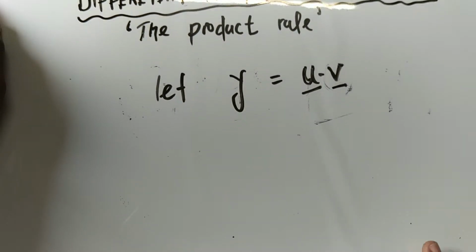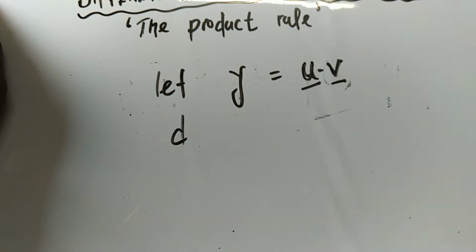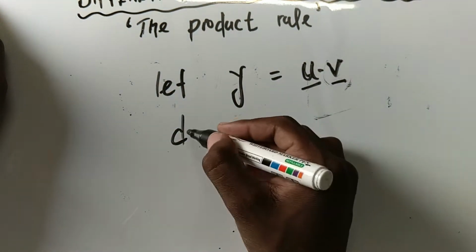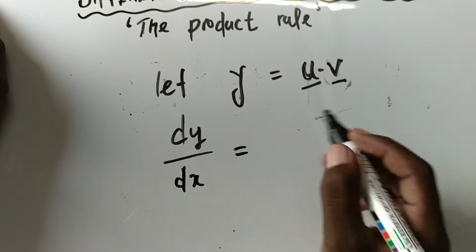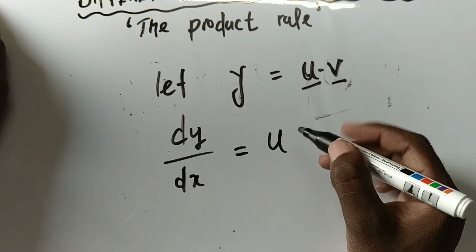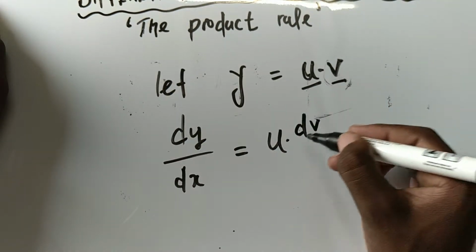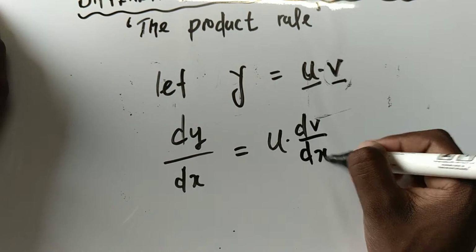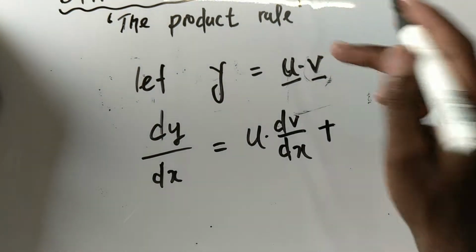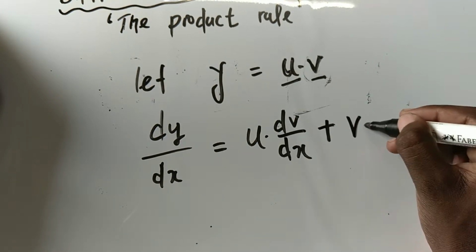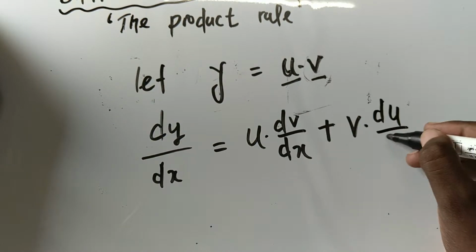Now, what is the product rule? If you want to differentiate this type of function, we're going to say dy dx is equal to u multiplied by differentiating v with respect to x, plus, now this time making v a constant, multiplied by differentiating u with respect to x.